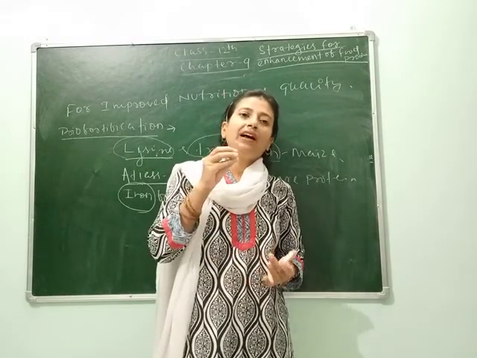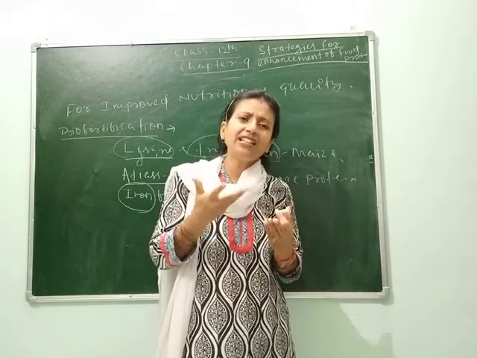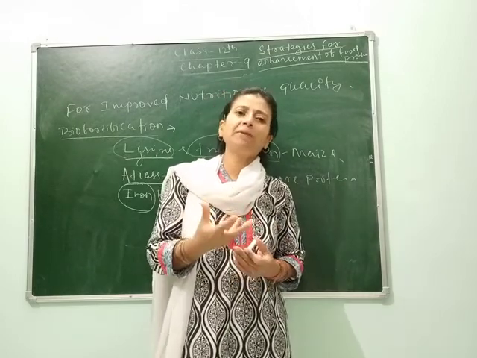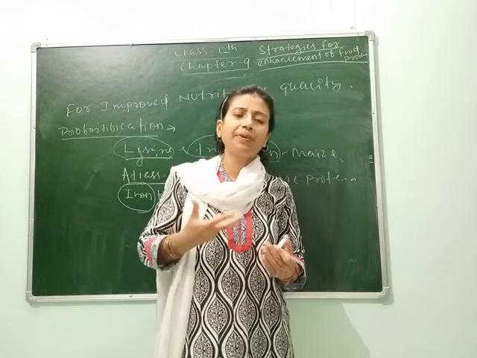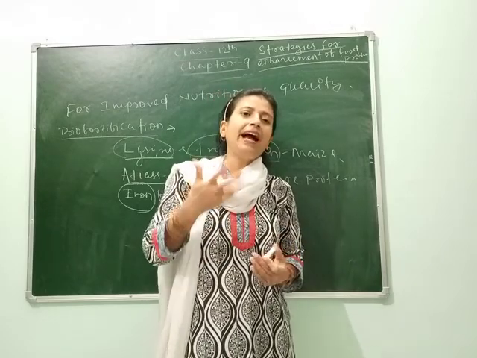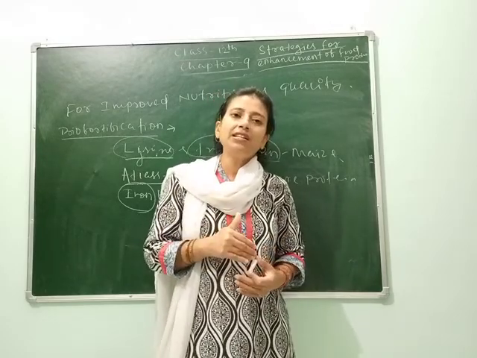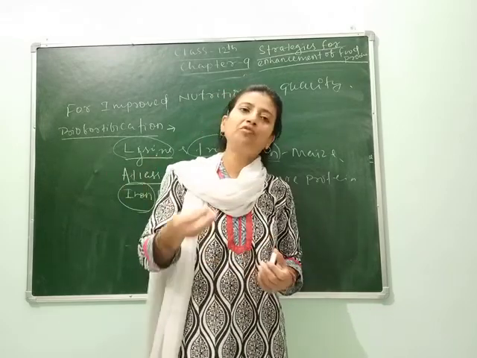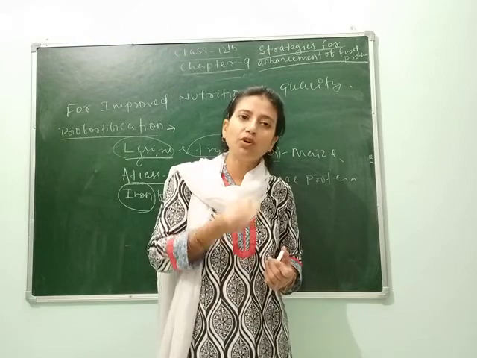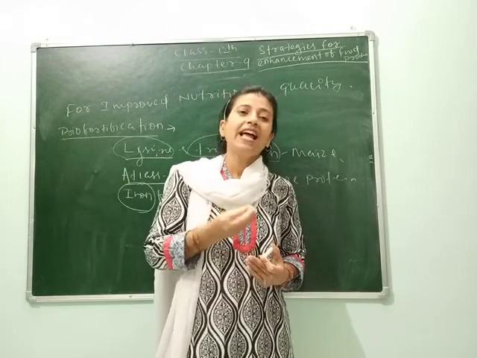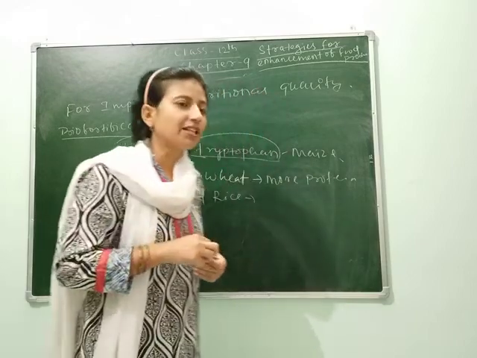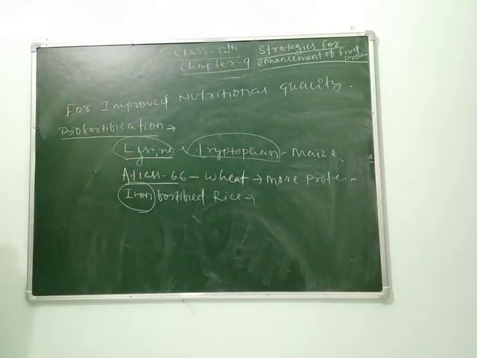This happens because not all people have the ability to buy expensive foods like meat, fish, egg, milk and pulses. But nowadays some cereal crops are developed which contain both macro and micronutrients and can stop hidden hunger among people. Clear, students? So this is your biofortified.